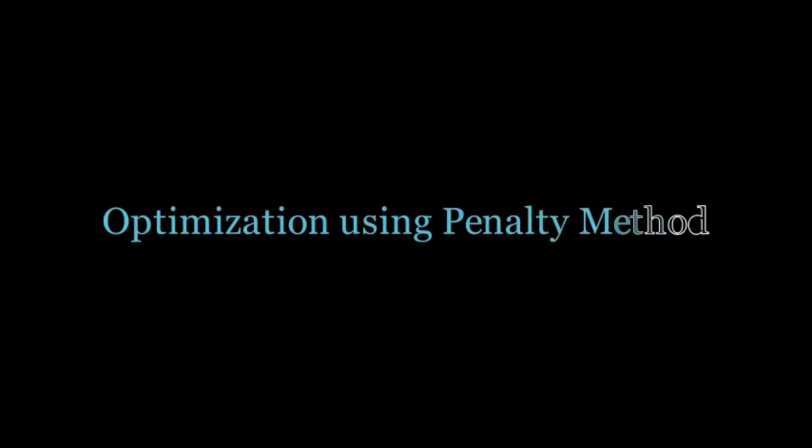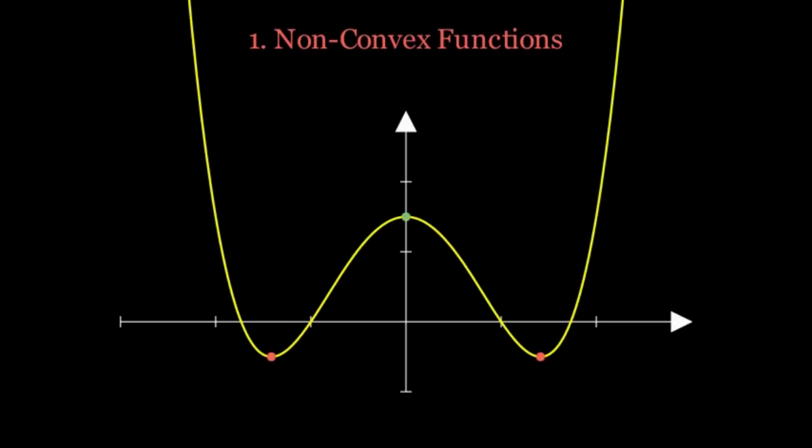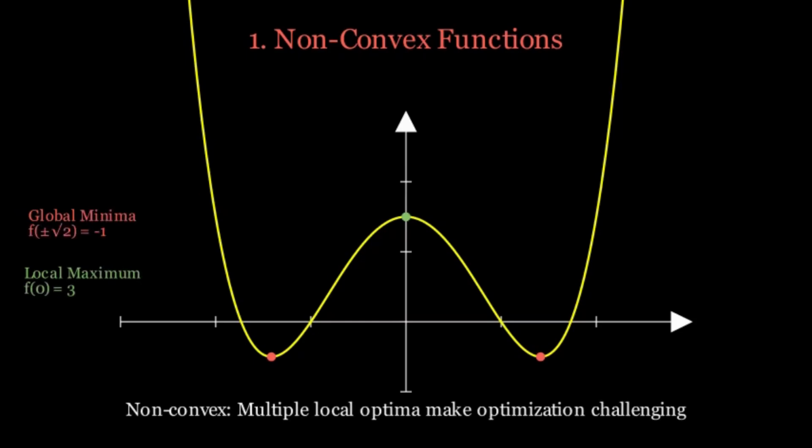So let's discuss the penalty method. Let's consider a function f of x equals x to the power 4 minus 4x squared plus 3. Notice this function's complex landscape. It has two global minima at x equals plus minus square root of 2, where the function value is negative 1. There is also a local maximum at x equals 0, where f equals 3.